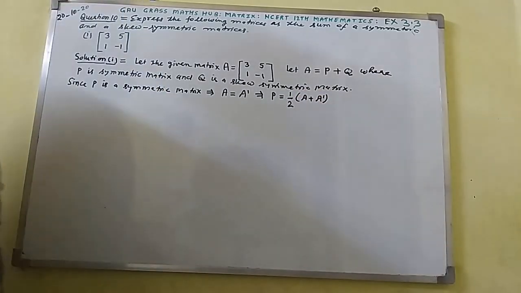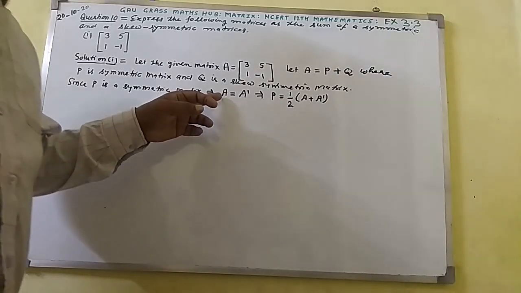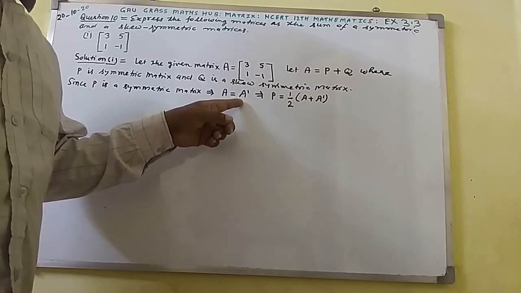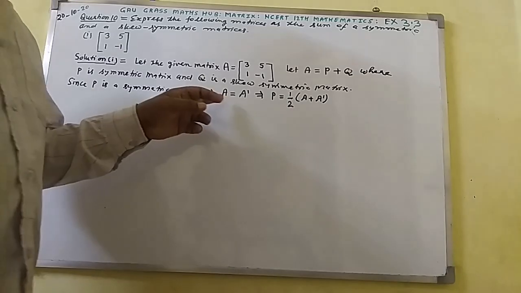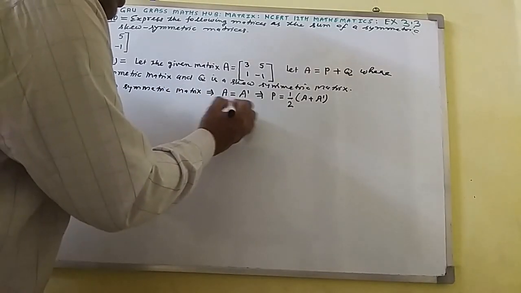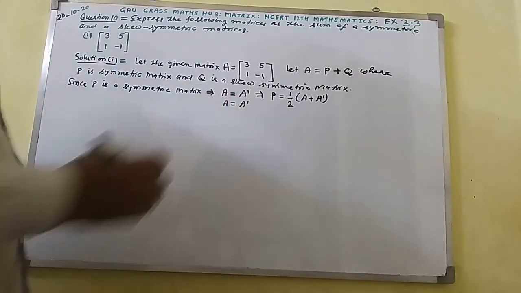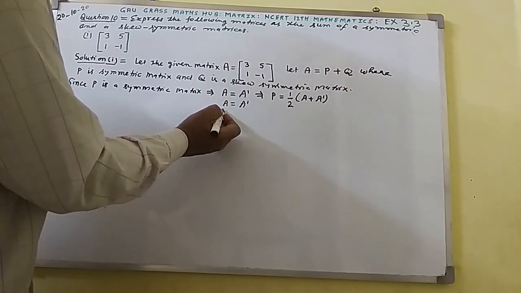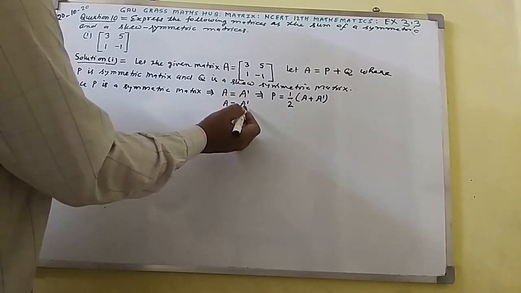This is the formula you must remember, because here you can see the given matrix A equals the transpose of the matrix A. On adding, you will get twice the given matrix, and twice the transpose matrix.